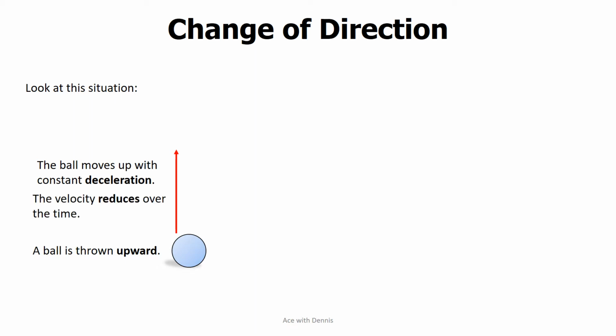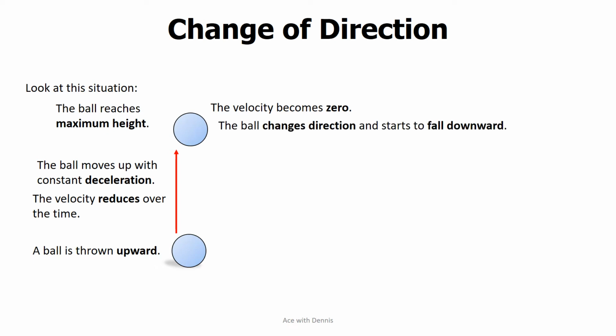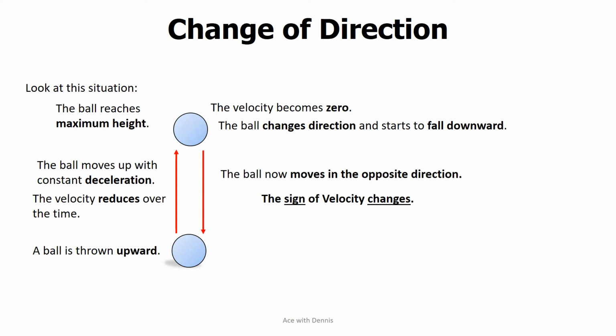The velocity reduces over time as it decelerates. Until what point? When the ball reaches its maximum height, the velocity becomes 0. At this point, the ball changes direction and starts to fall downwards. The ball now moves in the opposite direction, which means that the sign of velocity changes.